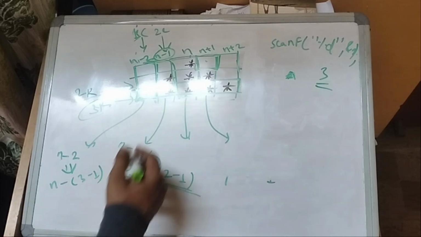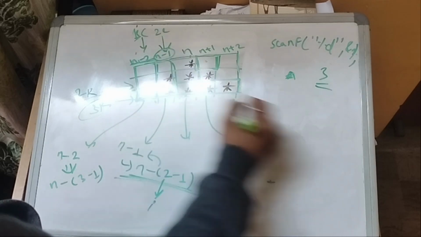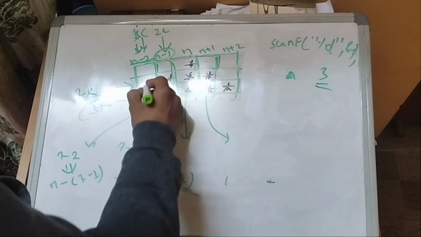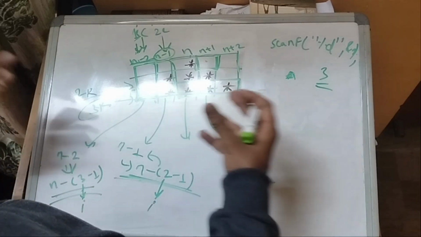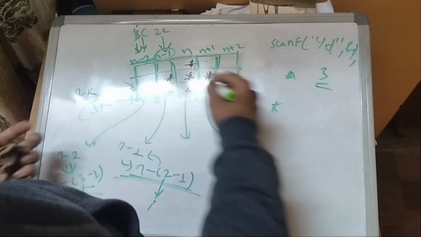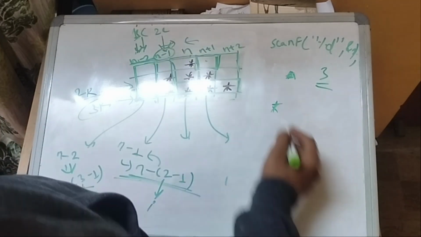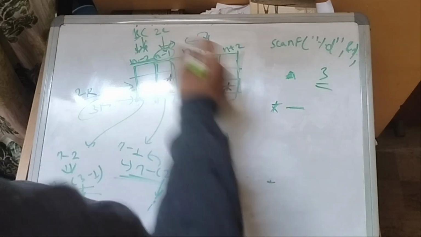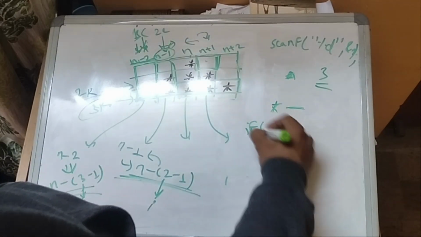Alright, so you can see here, in this column and in this row there is the first star. So to make a condition such that the star is printed in these gaps and spaces are printed except for this gap, we are going to use an if condition.